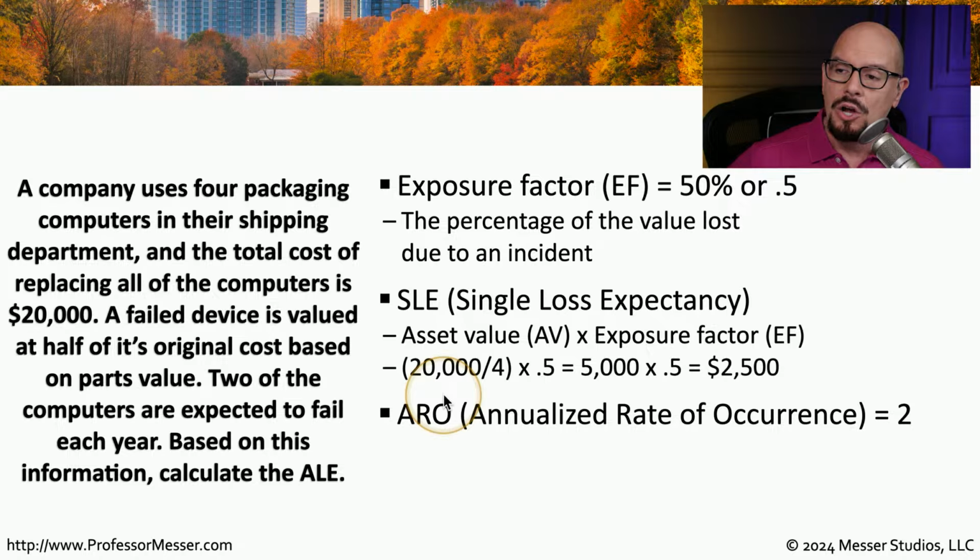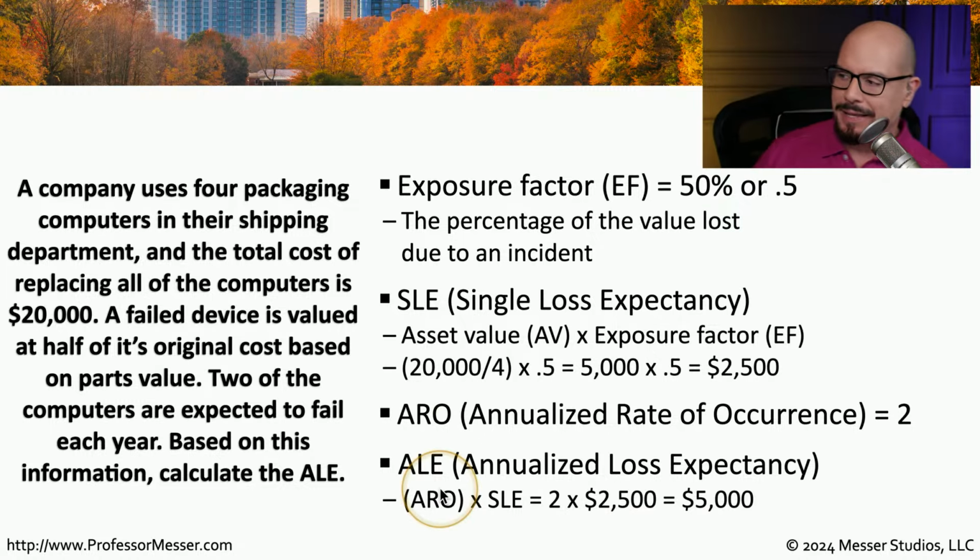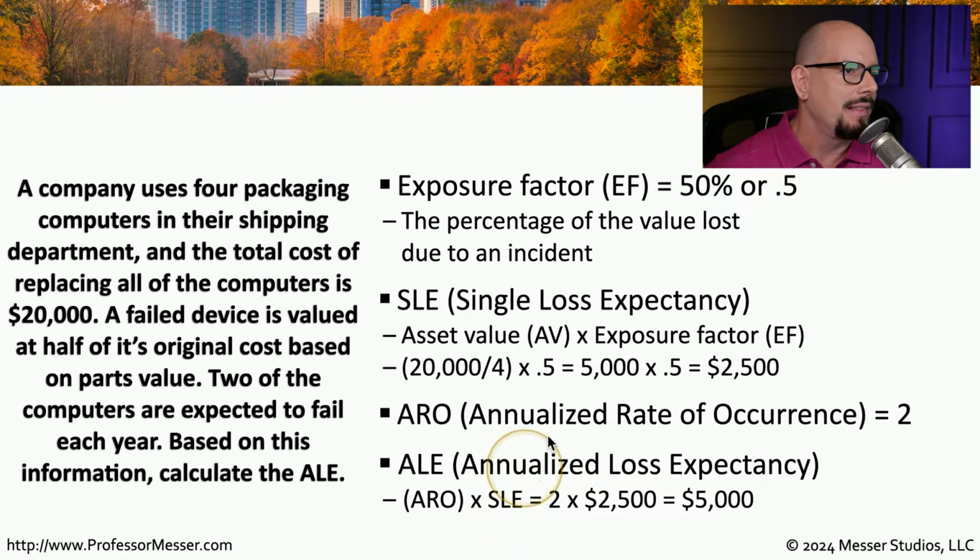At this point, we have all of the numbers we need to calculate the final value. To calculate the ALE, the annualized loss expectancy, we need to multiply the ARO times the SLE. The ARO is 2. There it is.